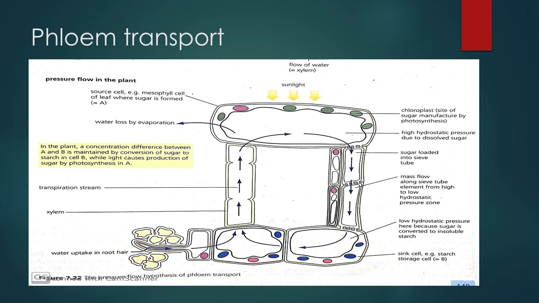From higher to lower the water will move as a mass flow, and the food also moves along with that water. So that is the flow and transport. The points I have given in the next slide you have to study very well, and this picture and the labeling also you have to know.